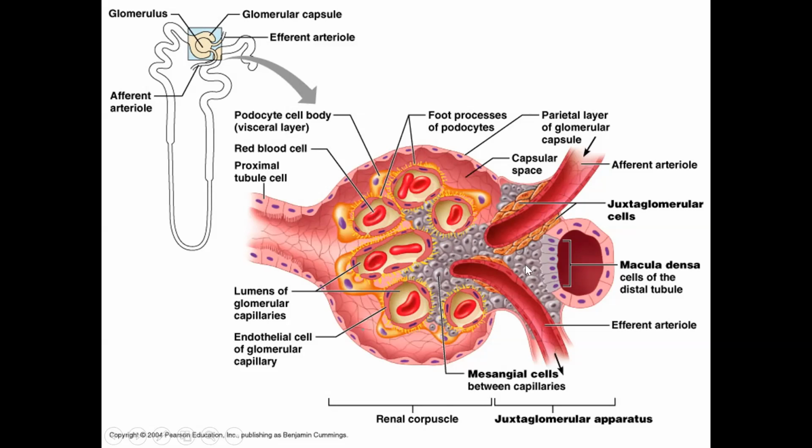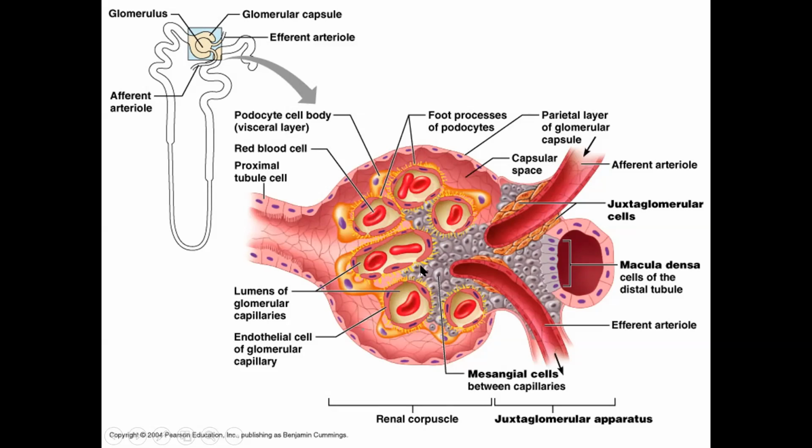They're kind of like fat cells filling up this space. Some people say these cells can transfer signals from the macula densa to the granular cells. Okay, the real function of these cells we still don't know. All right, so in this filtration apparatus, we have these granular cells, macula densa cells, and mesangial cells.